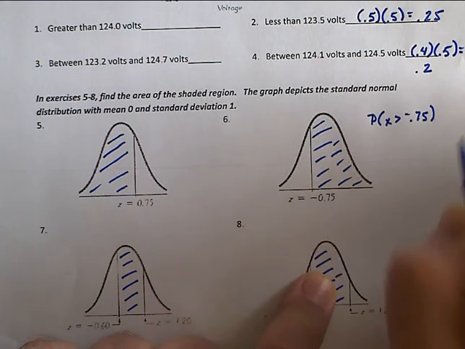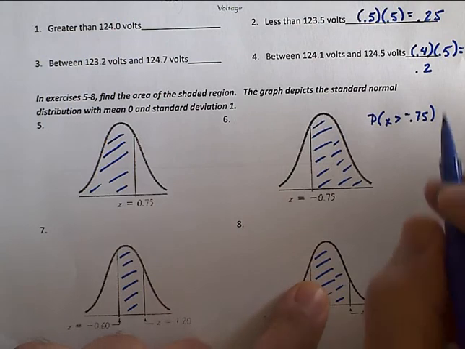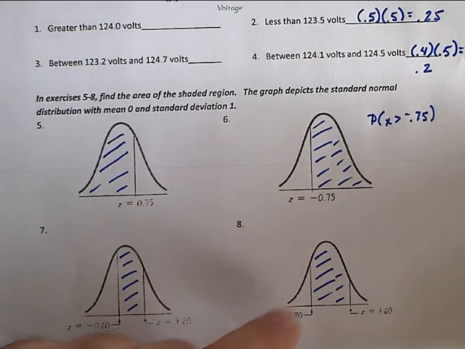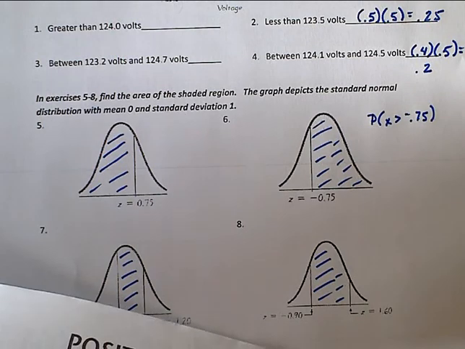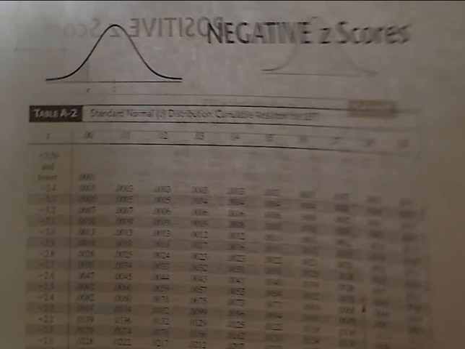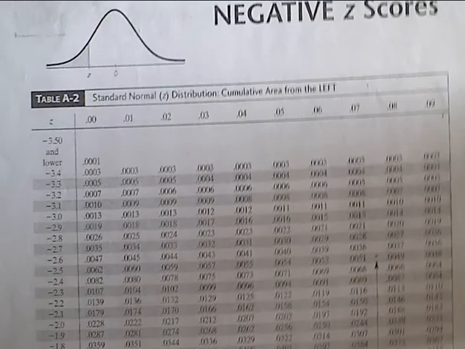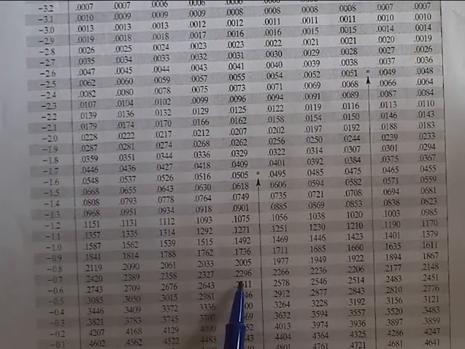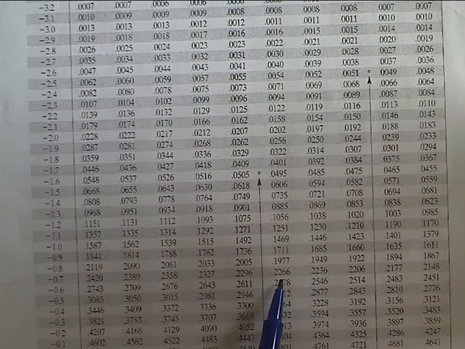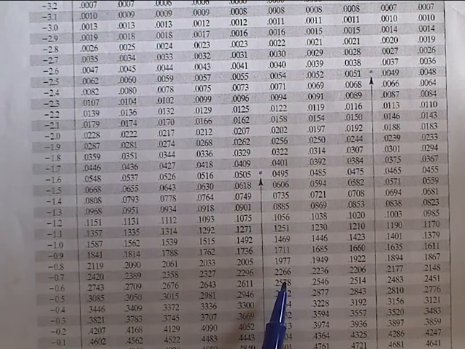If I look up negative 0.75, clear down here on the bottom, negative 0.75 is 0.2266.